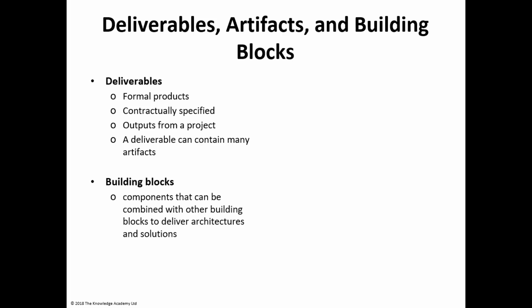Now, what is a building block? As per the definition, a building block is a component that can be combined with other building blocks to deliver architecture and solutions. So a building block is something you combine with another building block to deliver a solution. For example, you are a person, you work on a system: you are a building block and the system is a building block.